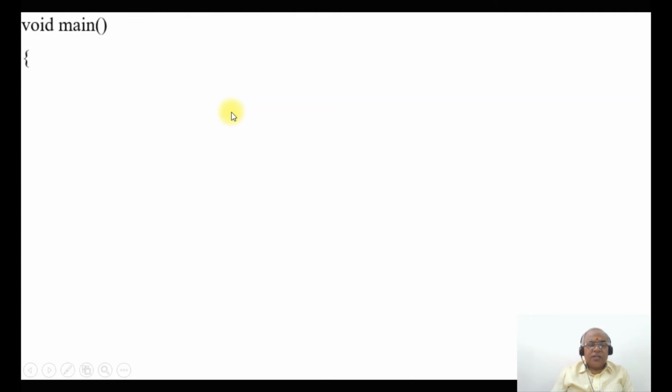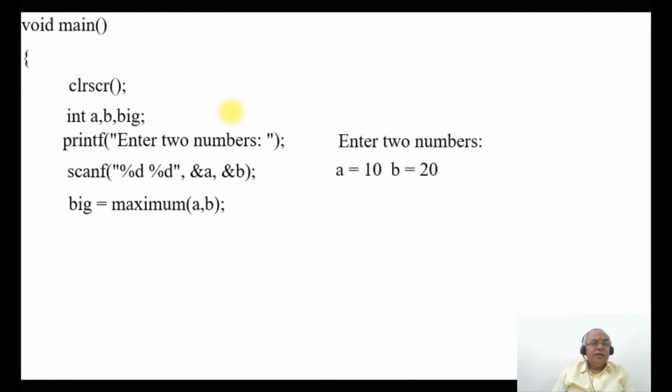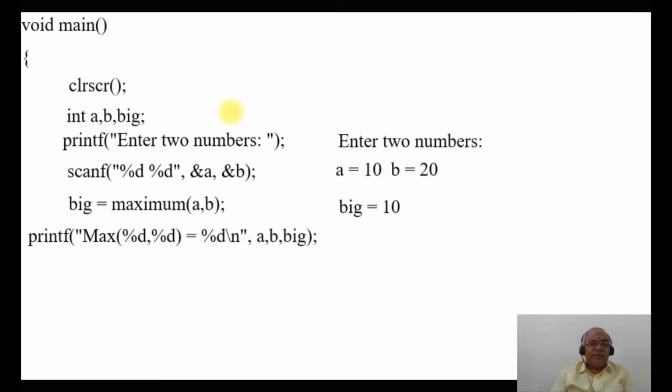That is why we have written here big is equal to maximum of A comma B. So big is equal to 10 at first, as it is initialized. Then printf maximum of %d, %d is %d, with A, B and big. What does it mean? It will print the statement for the maximum of the two numbers, 10 and 20.